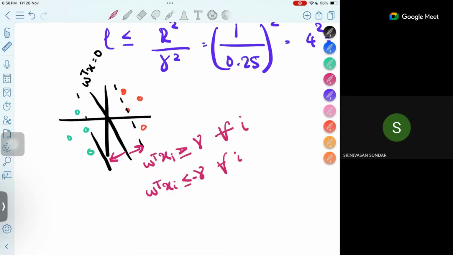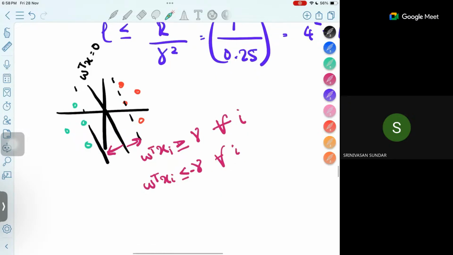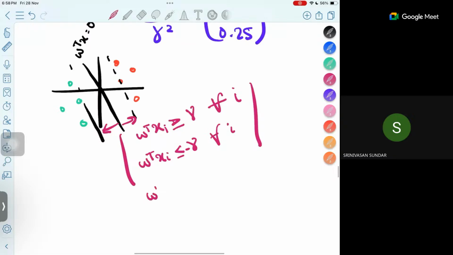One thing is for sure: if it is on this side, then Yi is 1, because that's the assumption of linear separability. And if it is on this side, I can assume Yi is -1. So I can combine these two conditions into a single condition and say that W transpose Xi times Yi should be greater than or equal to plus gamma.